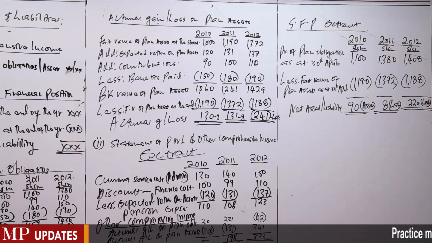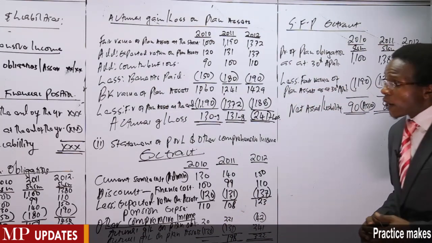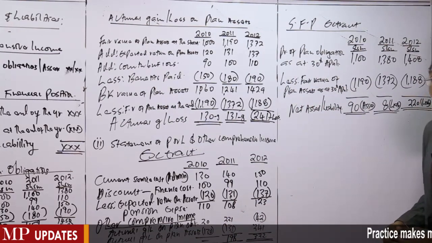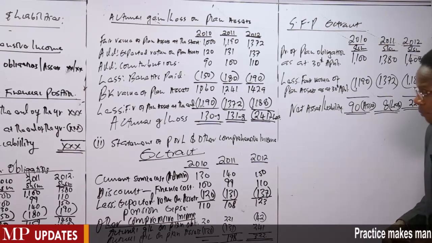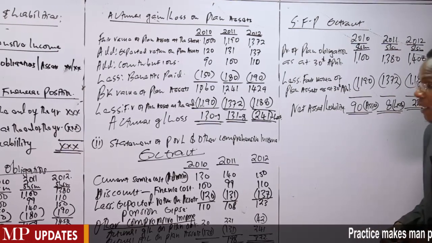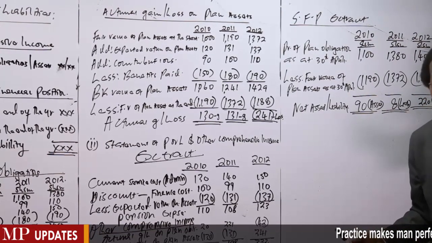Now that comes to the end of that question, but somebody can ask: why is it that we are subtracting benefits paid twice? We have not subtracted them twice, but it's the coincidence of the debit and credit entries in respect to the format we are using.